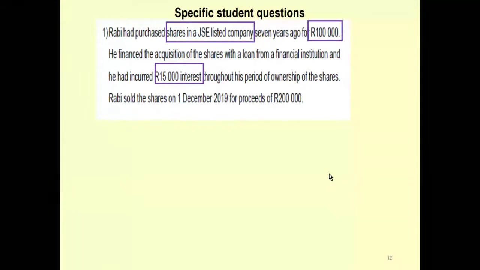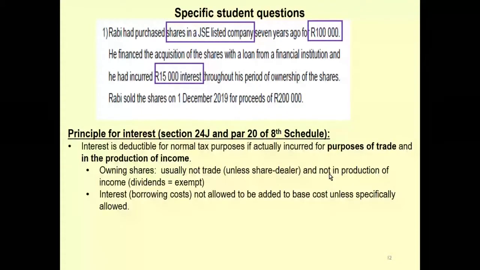Now, let me just quickly chat to you about interest that is incurred when you acquire an asset. When working with interest that is incurred, we have the following principle, and this is in terms of Section 24J and paragraph 20 of the 8th Schedule. We don't go into detail with Section 24J, so please don't worry about that section number.